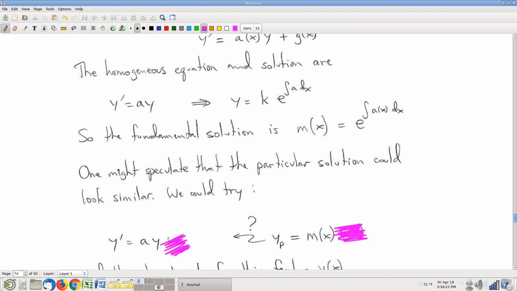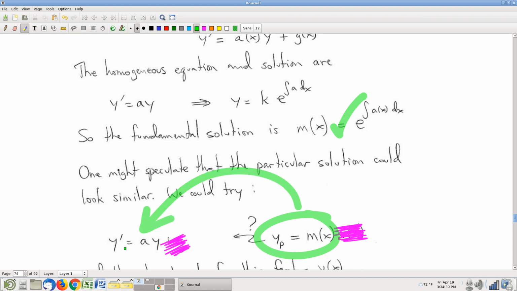In this homogeneous case, this function has the feature that when you plug it into this equation, it balances. The left side and the right side end up giving you exactly the same thing. The action of multiplying by A is the same thing as the action of taking the derivative. Balance. By the way, notice, same thing still works if you multiply by a constant.